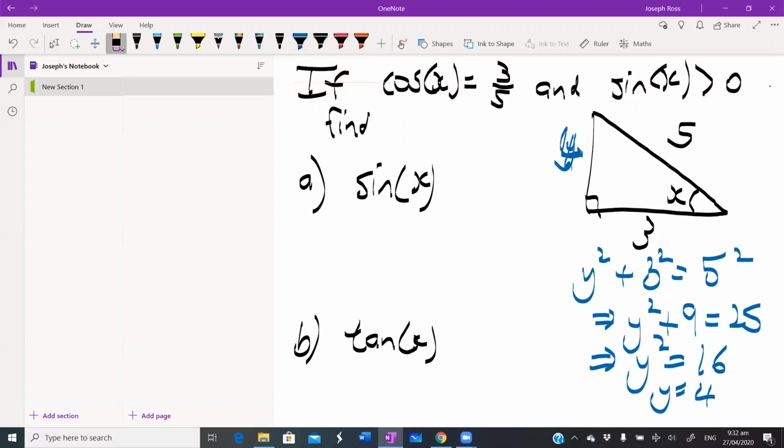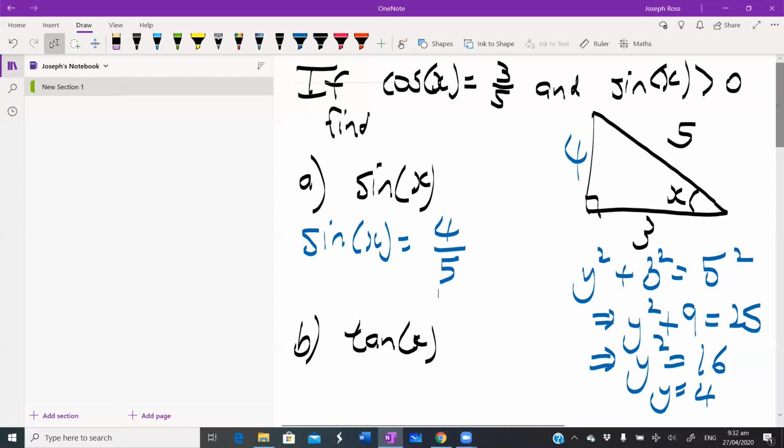Now from that, we can find the value of sine x, because we know that sine is opposite divided by the hypotenuse, which means that opposite is 4 and the hypotenuse is 5. So therefore, we have sine x is equal to 4 over 5.